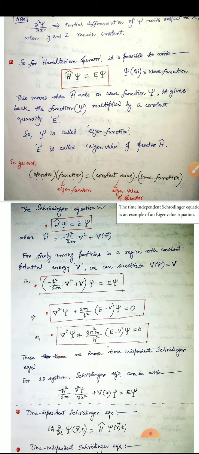This form of the Schrödinger equation is the time independent Schrödinger equation. Here we are not considering time, so that's why it is called the time independent Schrödinger equation. In some complicated cases, we can also consider time as a function and incorporate it in this equation, which becomes more complex, and in that case it is called the time dependent Schrödinger equation.